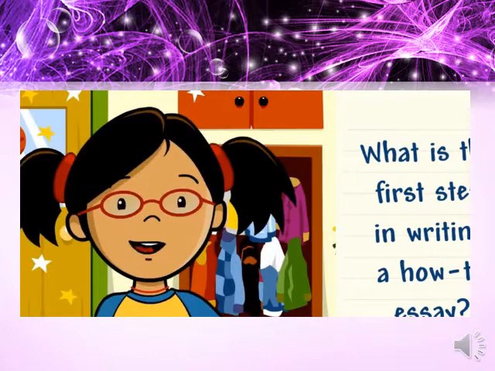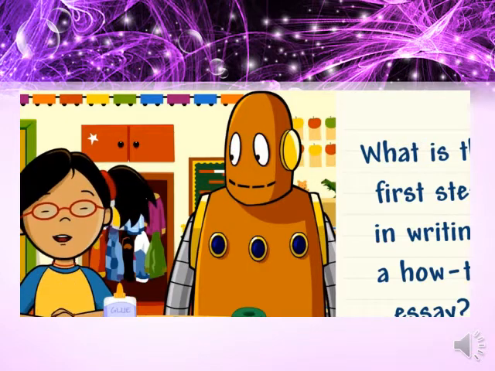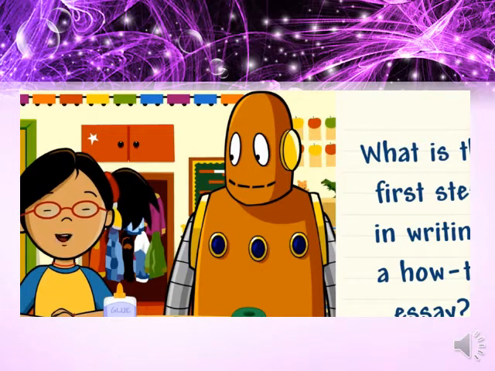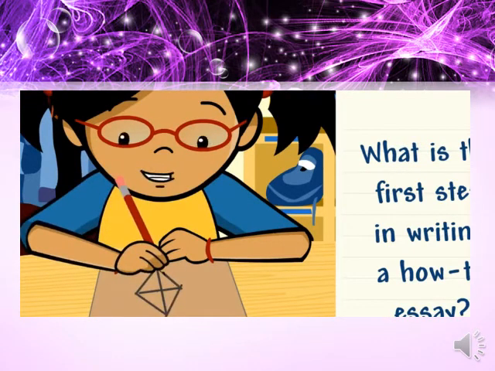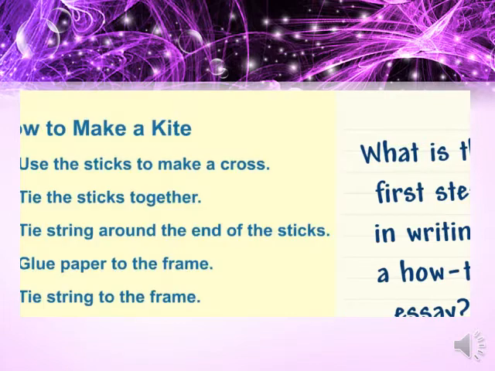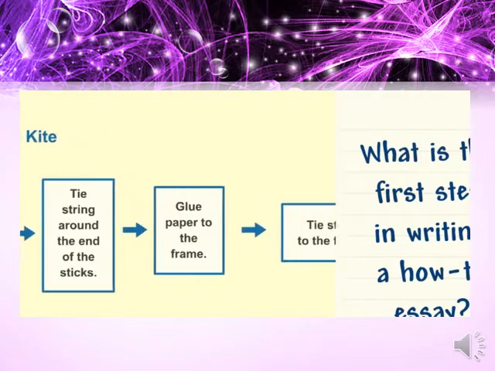Next, think about how you make or do what you're trying to teach. It helps if you break it down into steps. I like to close my eyes and imagine myself doing the whole thing. Or sometimes I draw pictures to make sure I don't forget any steps. You can also use a numbered list or a flowchart to organize the steps.